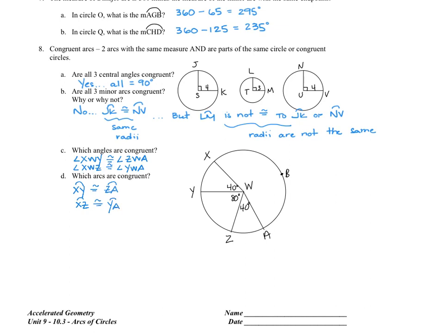As far as major arcs, if we start with major arc YXA, we could say that it is congruent to major arc ZAX. And if we talk about major arc YAX, we can say that it is congruent to major arc ZXA.